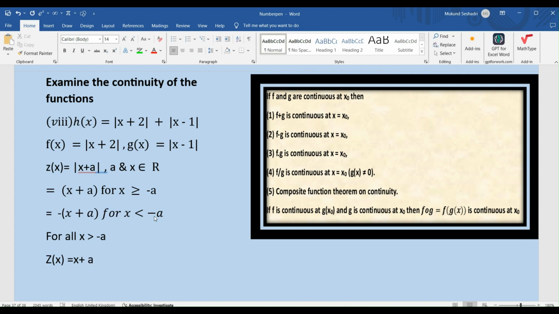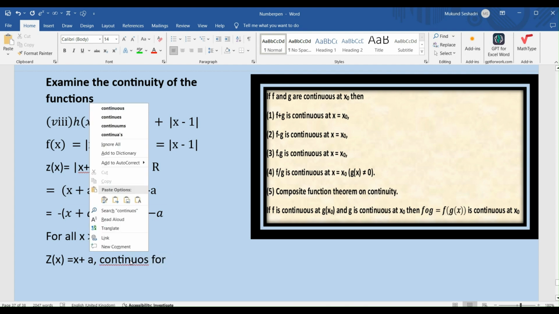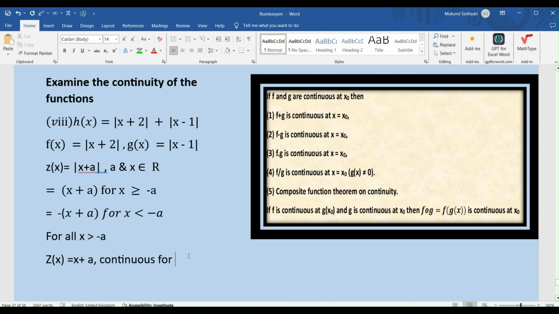And I know that this is a simple linear polynomial of the form x plus a, right? So it is continuous for all x greater than minus a. I don't think we'll have to go into the detail.